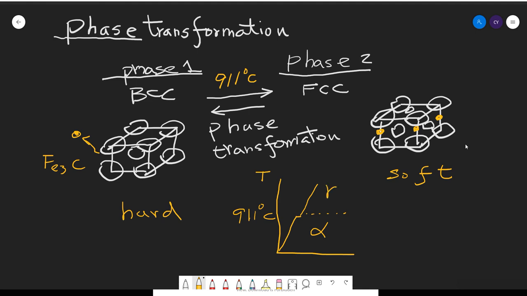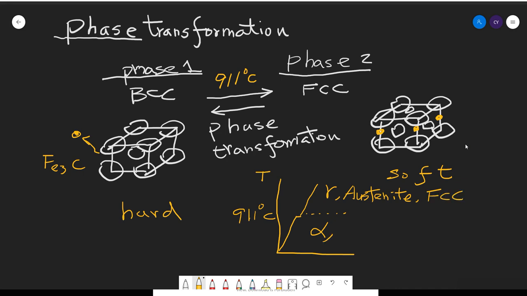Gamma is austenite, the same name, also FCC.